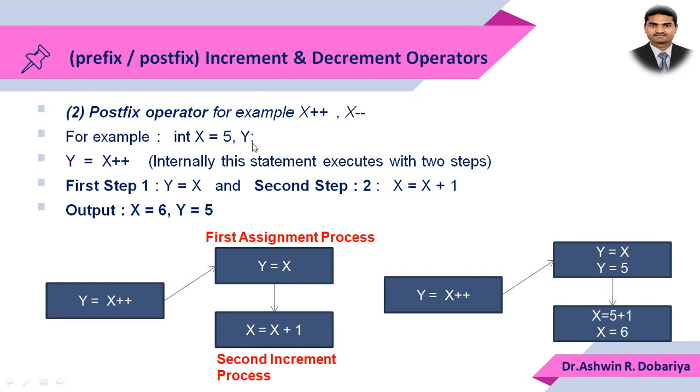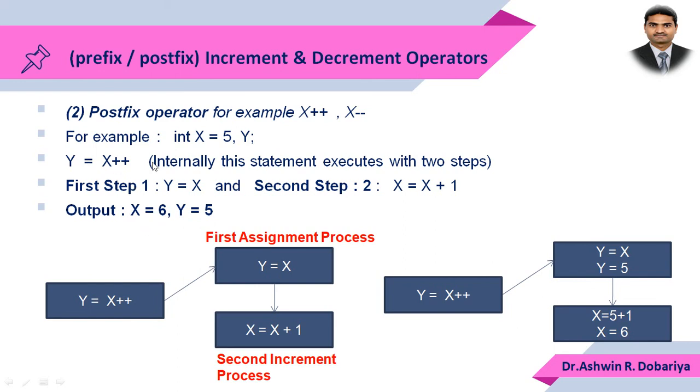So what will happen in this statement? Post means after increment. Then what is first? First is assignment, right? So first assign, after that increment. First assign means whatever value of x is assigned to y. So now see y becomes 5. After that x is incremented by 1, so x becomes 6.